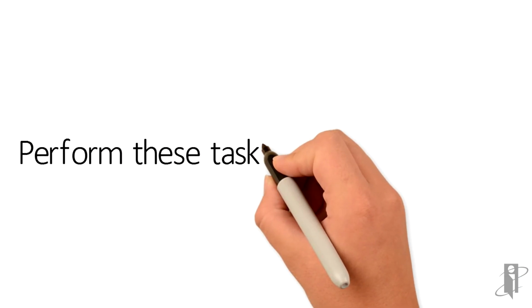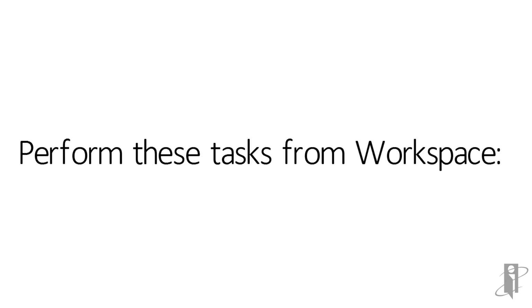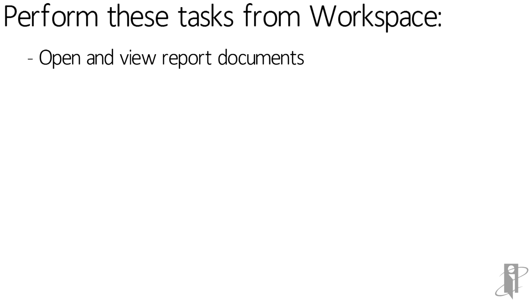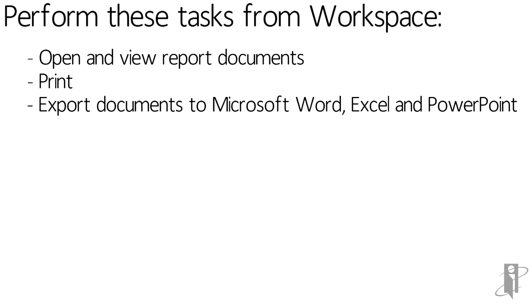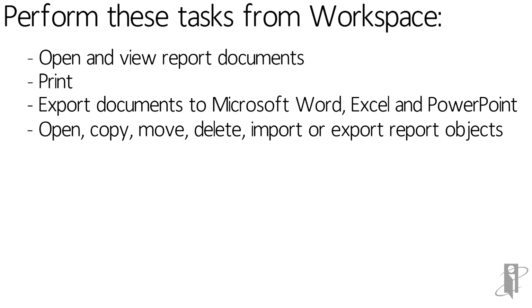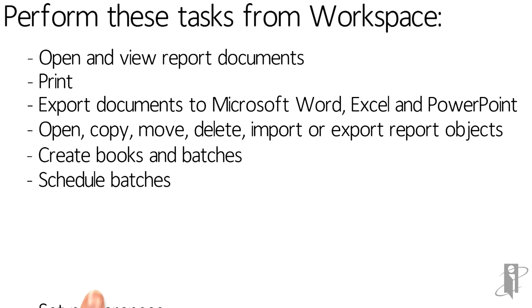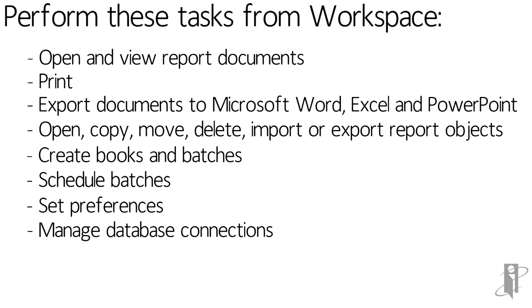From the workspace, you can perform the following financial reporting tasks: open and view report documents, print, export documents to Microsoft Word, Excel, and PowerPoint, open, copy, move, delete, import or export reporting objects, create books and batches, schedule batches, set preferences, manage database connections, and include commentary or annotations.